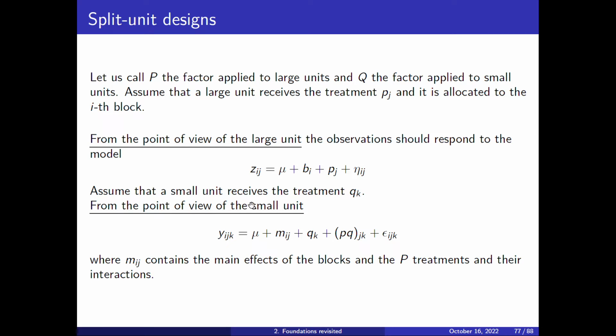And let's say that the small unit receives the treatment Qk. So for a particular cage, the observation will be an overall mean plus something that depends on i and j. What is i? i is the block and j is the treatment in the large factor.